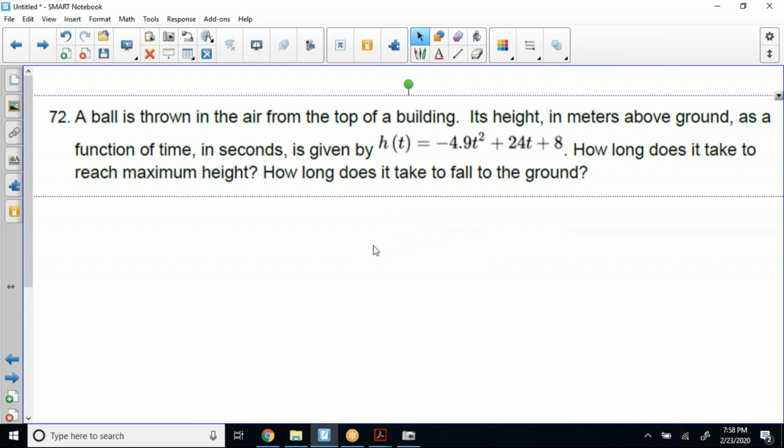All right, so a ball is thrown in the air from the top of a building. Its height in meters above the ground is a function of time. So time is the input and the height is the output in meters, right?